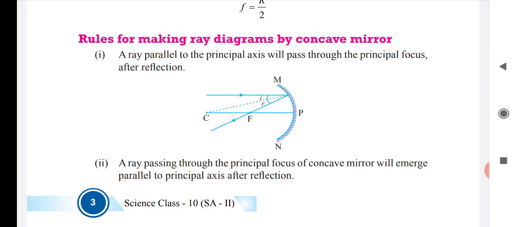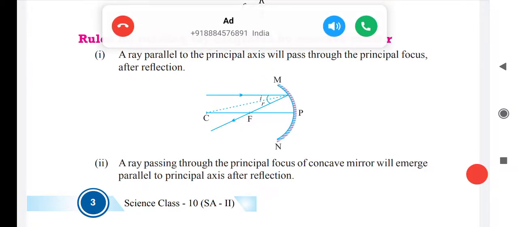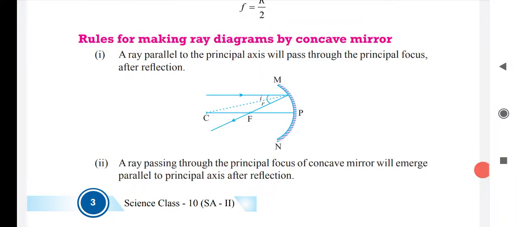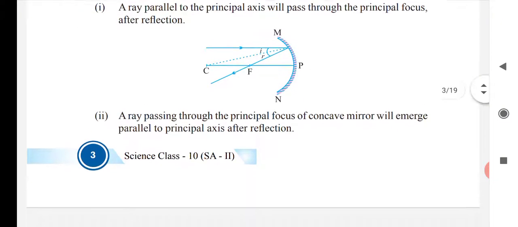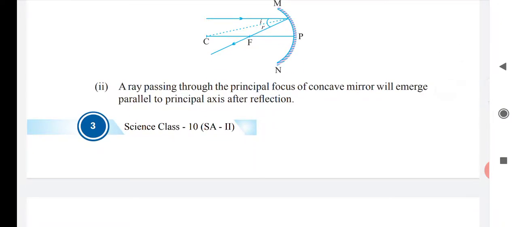So this is the first rule. If you send any ray parallel to the principal axis, after reflection it always passes through the principal focus. Okay, second, a ray passing through the principal focus of a concave mirror.